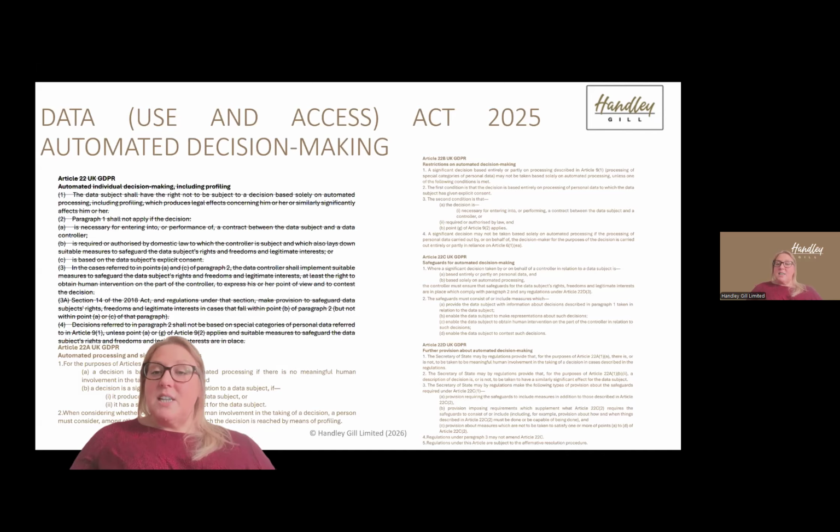So if it's based entirely or partly on processing based on special category personal data, it can't be conducted unless a particular condition applies. Those are where there is explicit consent. It's necessary for entering into or performing a contract, required or authorised by law. Or point G of Article 9.2 applies.